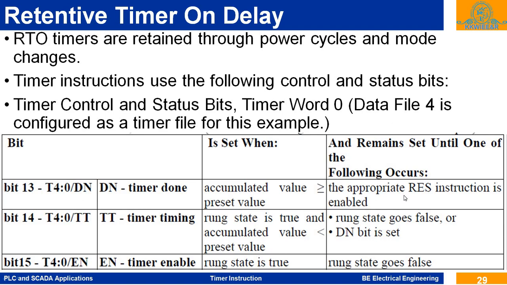Timer timing bit: when the rung state is true and the accumulated value is less than the preset value, while the accumulator is counting for that duration, the timer timing bit is set. When the rung state goes false or the done bit is set, your timer timing bit is reset. Okay, so in this way the done bit, TT bit and enable bit work in the retentive type timer.